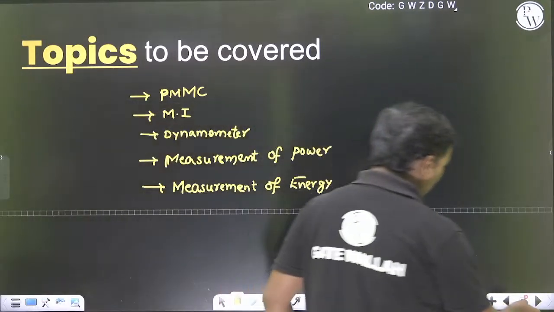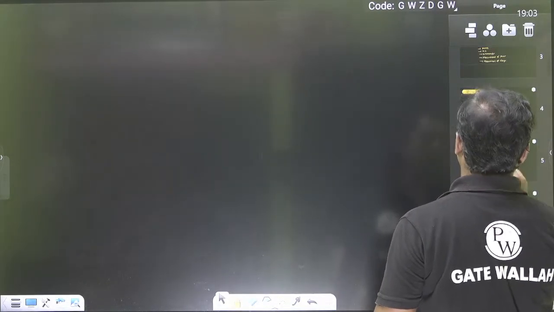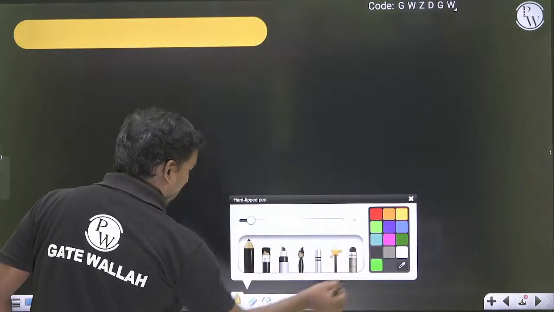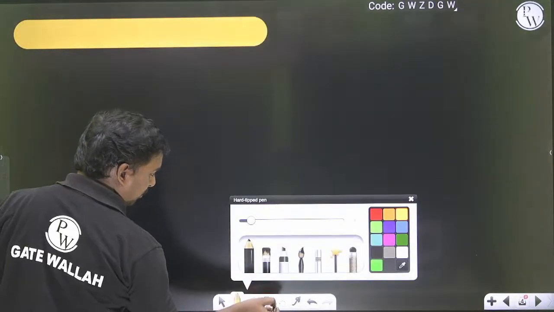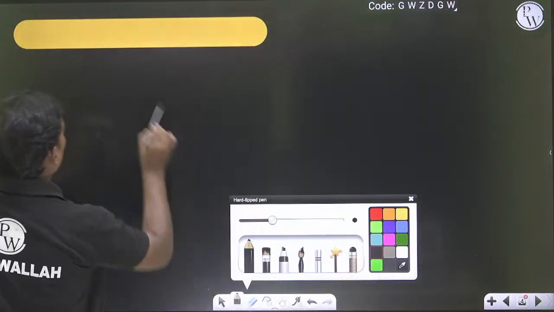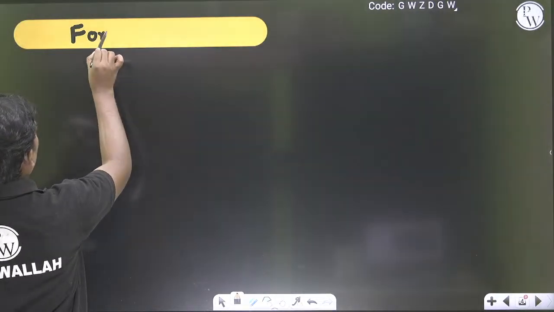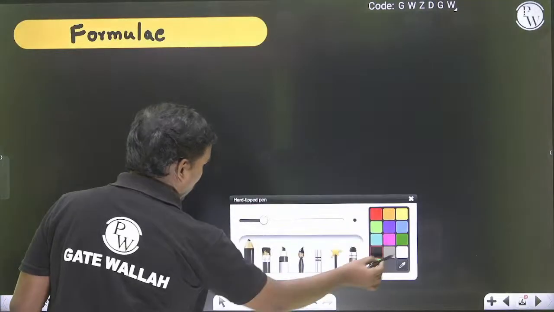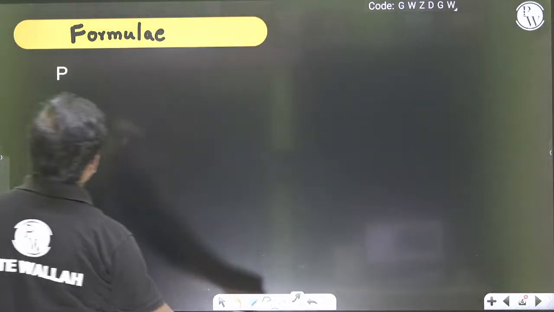In the last session we had a glimpse of all the formulas. Let me write all the formulas first. What are the formulas we discussed in the last class? You see the list of the formulae. For PMMC, what are the formulas? Let me summarize, because the summary is most important for us.